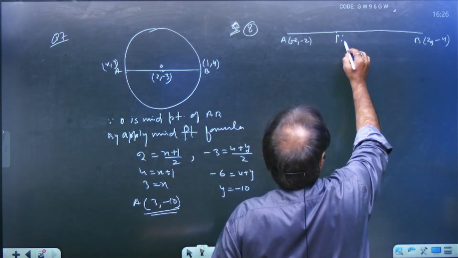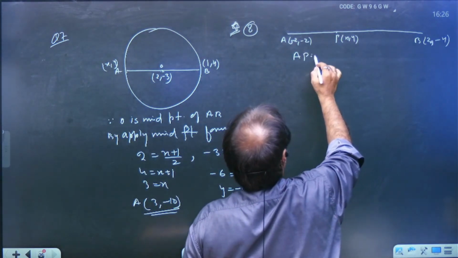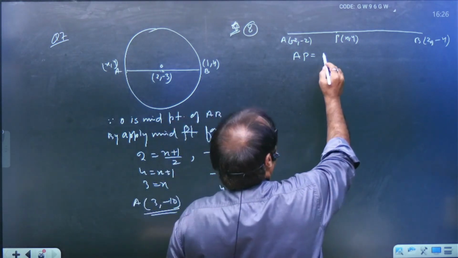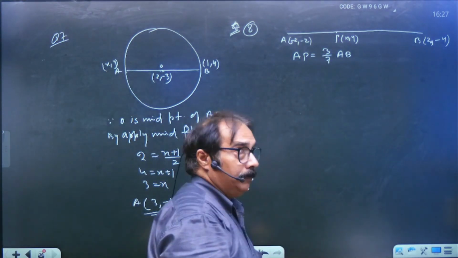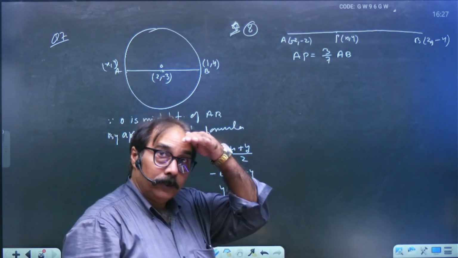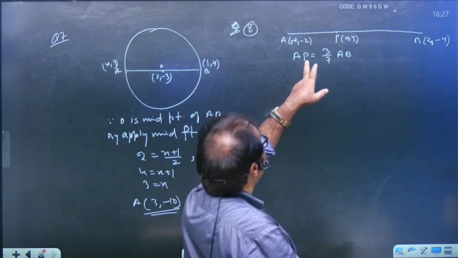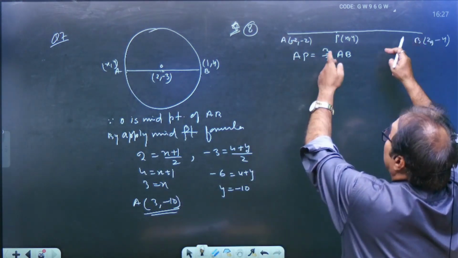Okay, P, say (x, y), and it is given that AP is equal to 3 by 7 of AB. So see, directly we can find it. AP is 3 by 7 of AB, which means the whole AB is 7.